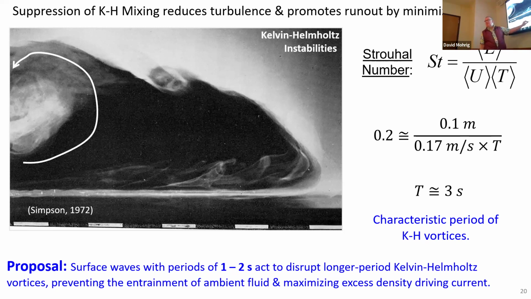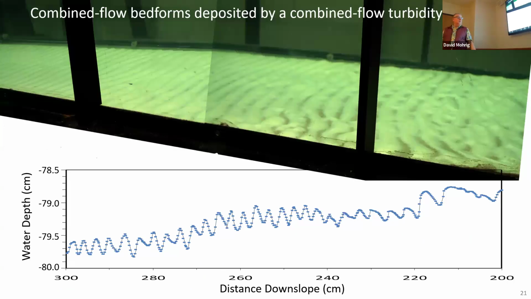In fact, we have a fluid mechanicist from the University of Hull coming to visit tomorrow to see if he can help me understand how these waves are interacting with the instabilities developing along this shear layer right here. If any of you understand that, I would be thrilled.